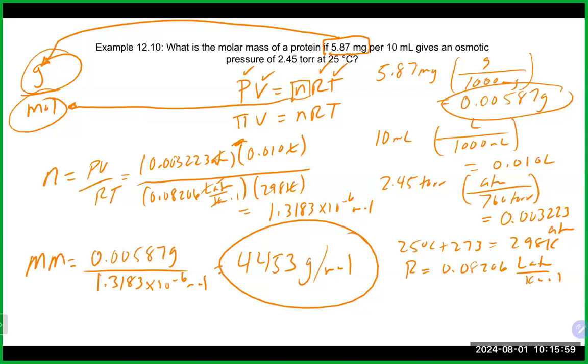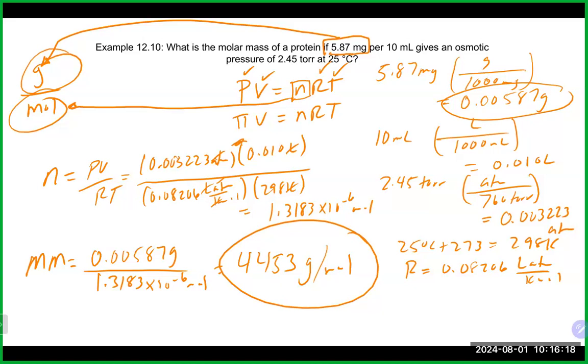Any questions on that calculation? I would say this one is pretty much identical to when we were talking about molar masses and gas calculations, or calculating the molar mass of a gas. Any questions on that one?